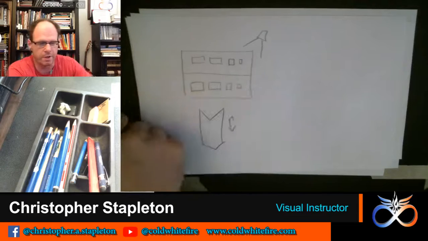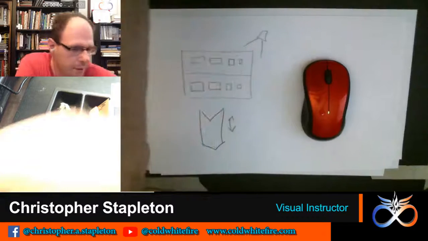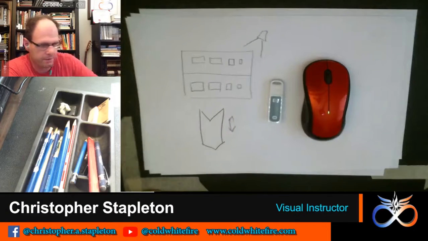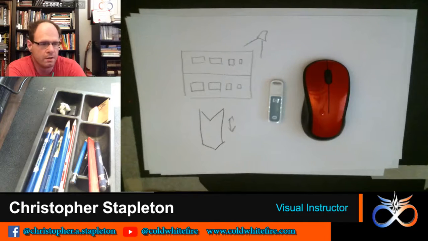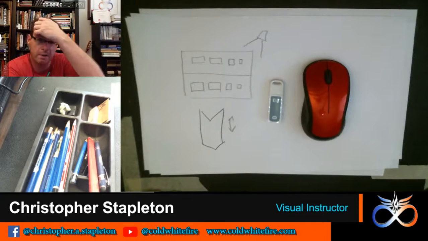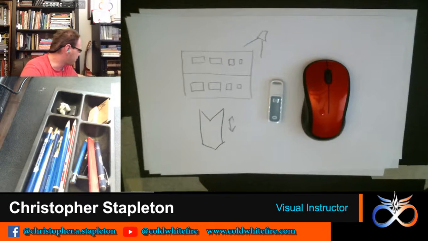A peripheral could be a mouse, a thumb drive, a keyboard, any type of audio interface, or a digital piano. If you have all kinds of other things, for example, I have some examples here.